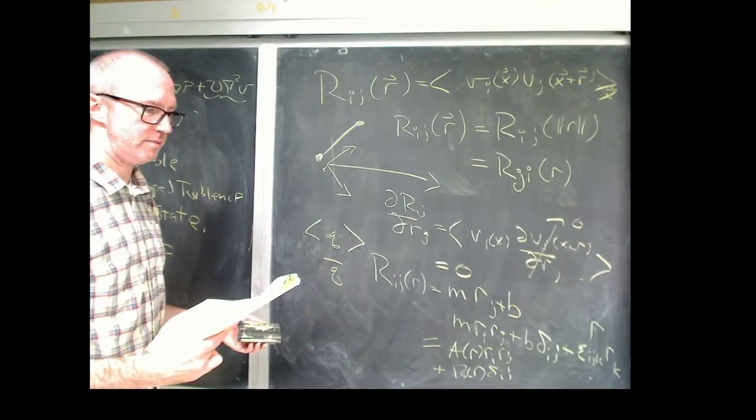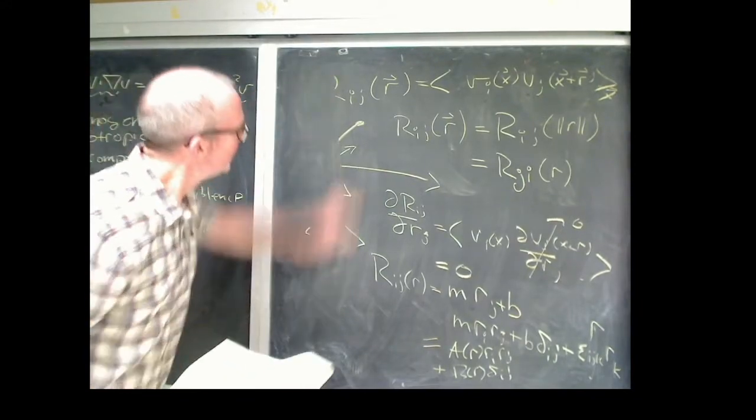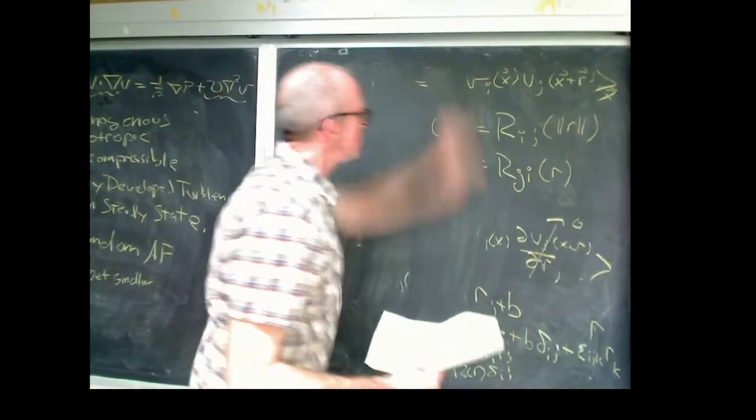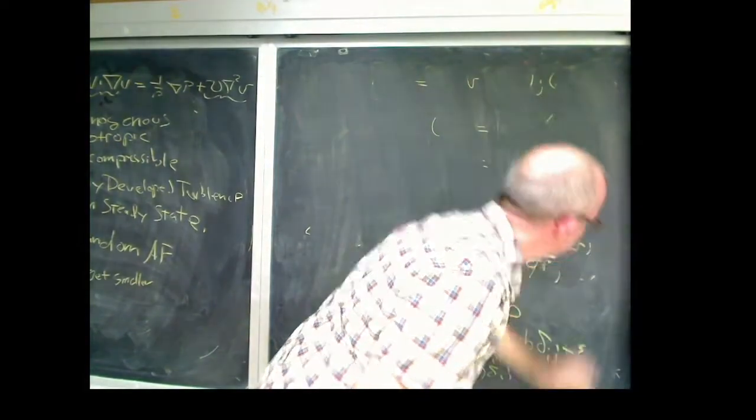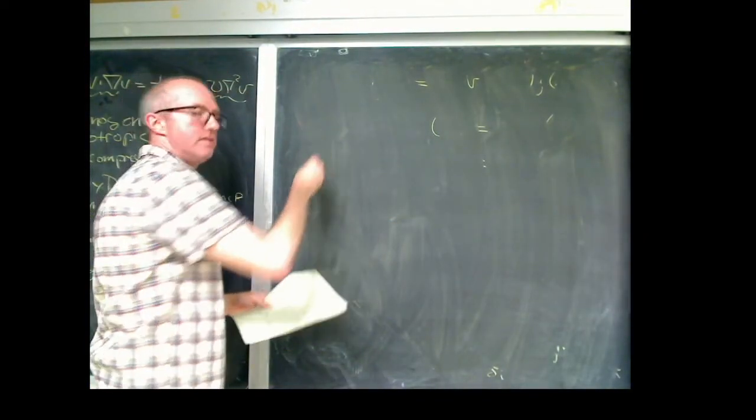So in general, I left a step out of my notes. The most general thing you can say is, sorry, that should be any. I'm going to write it better here.